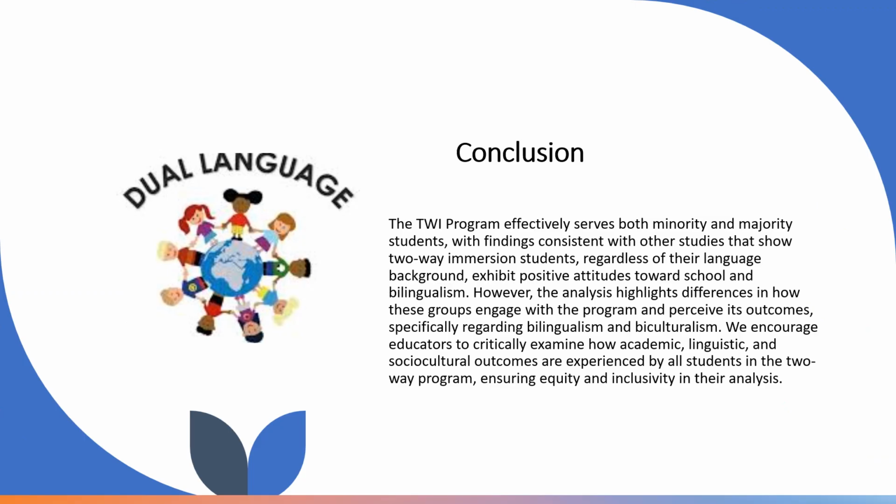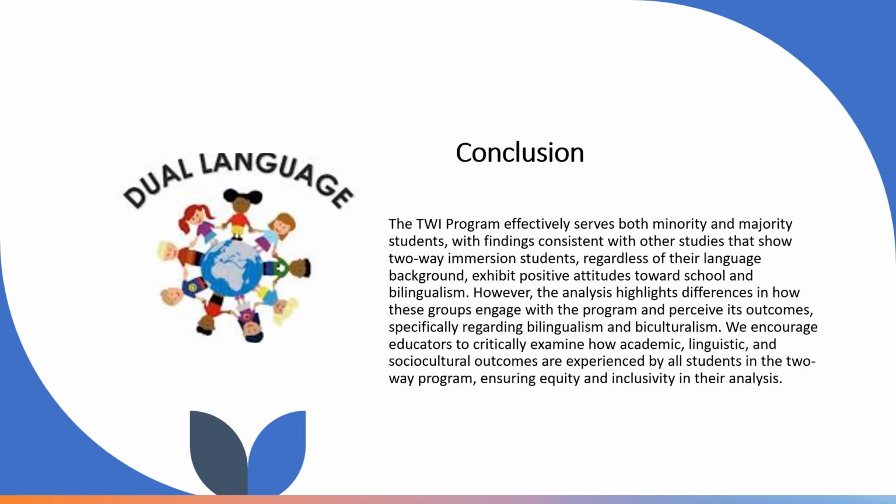In conclusion, the two-way immersion program effectively serves both minority and majority students, with findings consistent with other studies that show two-way immersion students, regardless of their language background, exhibit positive attitude towards school and bilingualism.